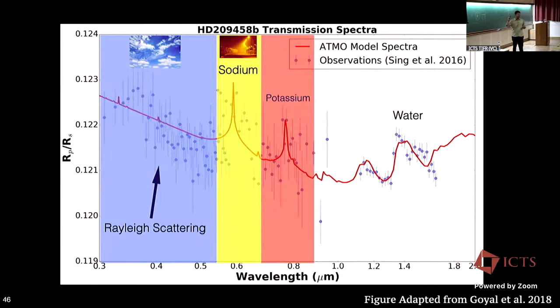This is using Hubble data, old Hubble data from the pre-JWST era. So by fitting our models to observations, we interpret them and find what molecules are there, what the different processes are, what the temperature is, and all that. And all the things that I told you about the models, everything goes into these models.